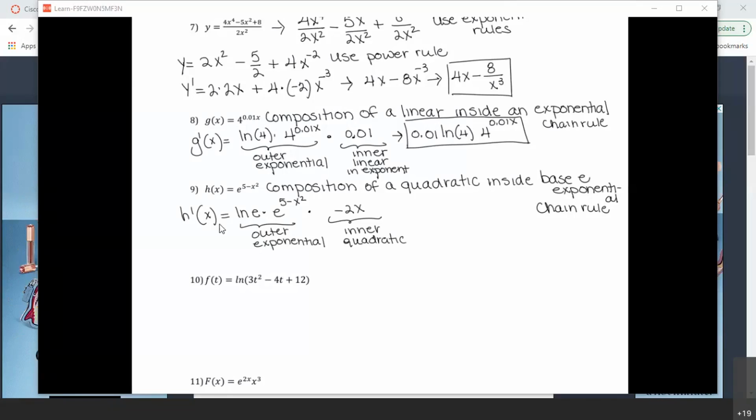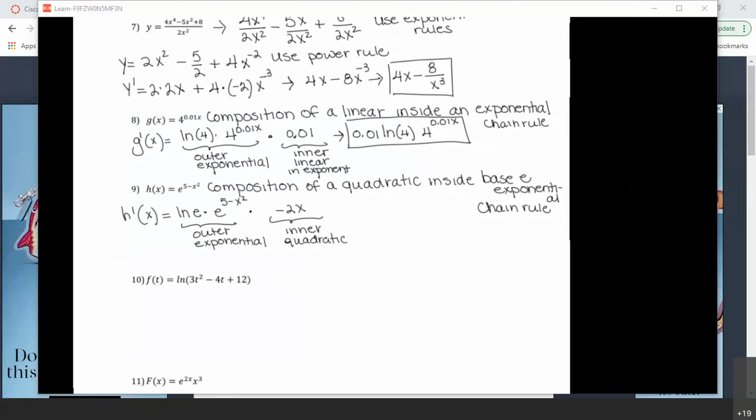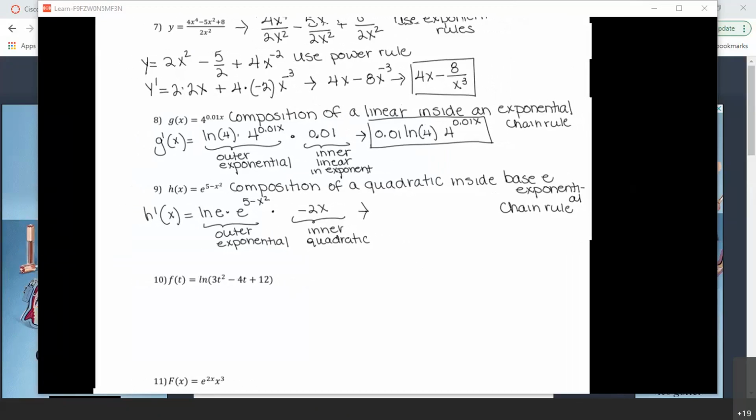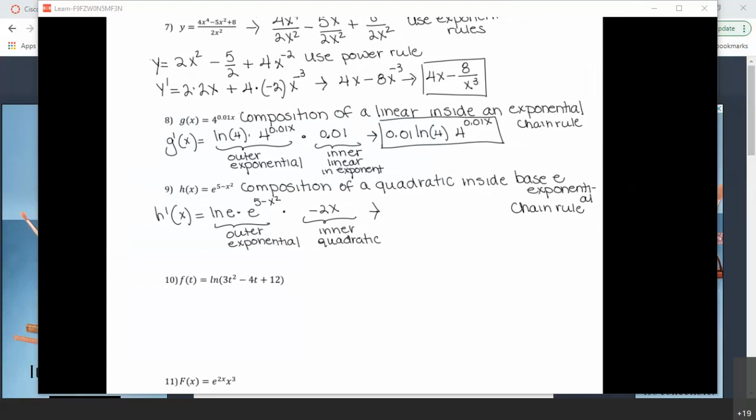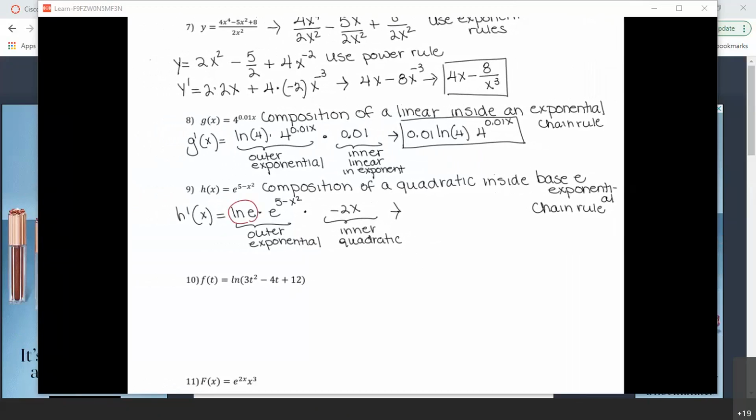The only reason I put ln of e down here was to show you that it follows the same pattern: ln of the base, repeat the exponential, and then you have to worry about whether there's anything composed inside of that. To simplify, ln of e is 1, because ln of e asks what exponent on e would give me e.